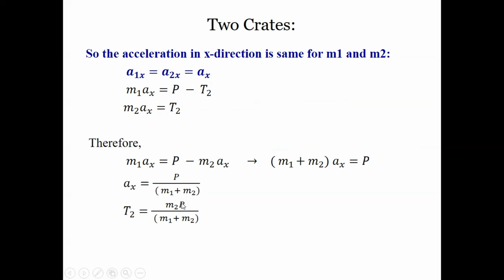And we can simplify these two equations to AX equal to P divided by M1 plus M2, and T2 equal to M2 times P divided by M1 plus M2. So here we can see that the acceleration is actually the total force as if it is acting on the sum of the two masses M1 and M2. And the tension in the second string is the fractional force, which is M2 divided by M1 plus M2.